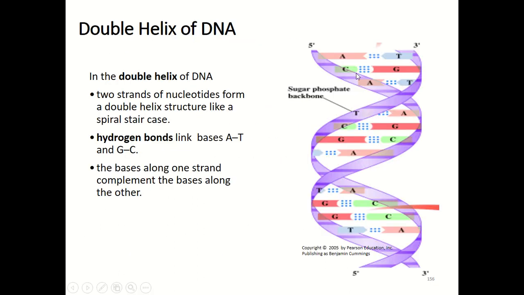This is the first strand of DNA, and this is the second strand of DNA, and they are linked together through hydrogen bonds between the nitrogenous bases. So this is the nitrogenous base of the first strand, and this is the nitrogenous base of the second strand, and they are linked together by hydrogen bonds.